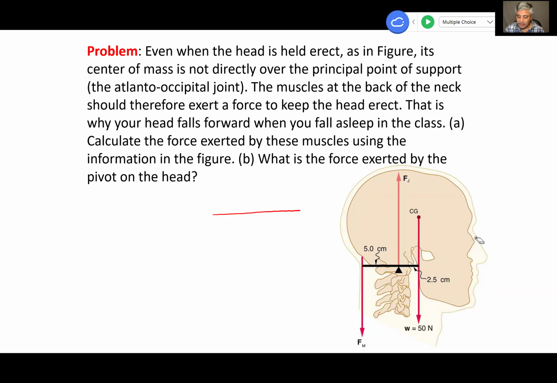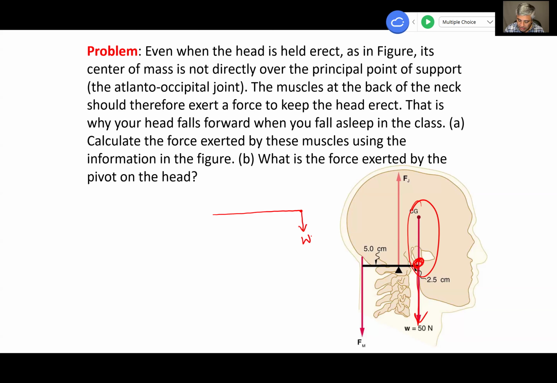But before I even list the knowns and unknowns, I like to draw my free body diagram in this case. And I replace object by a line and then draw forces. So in this case, there is a weight of our head because center of gravity or center of mass is somewhere here, and it says 50 Newton. Its notation is W.